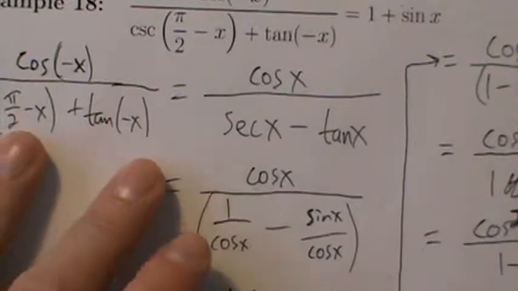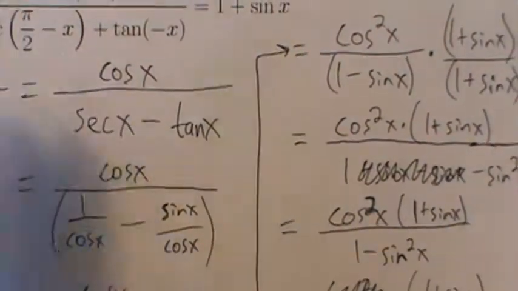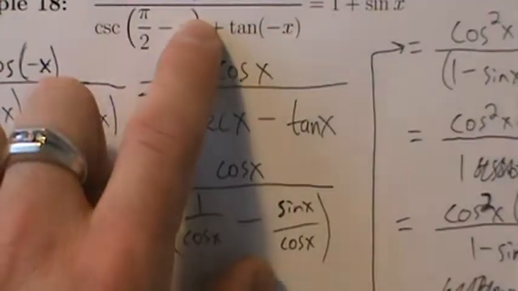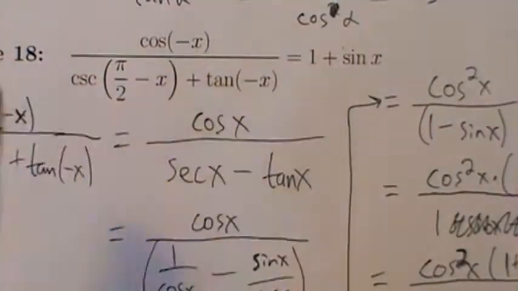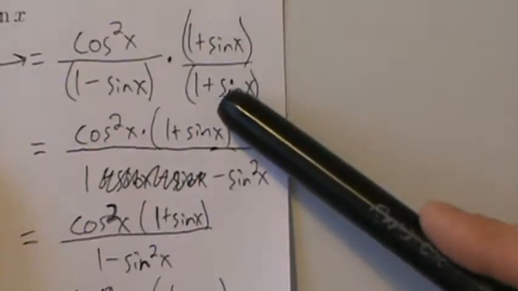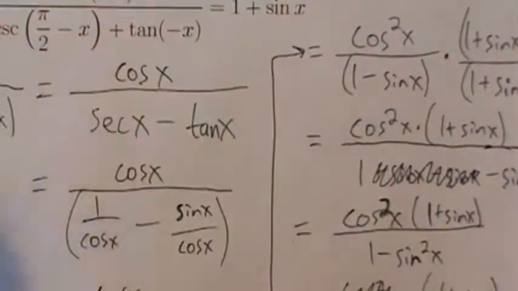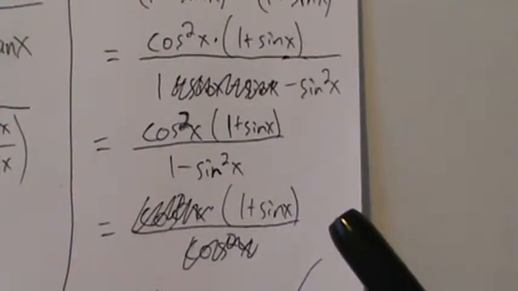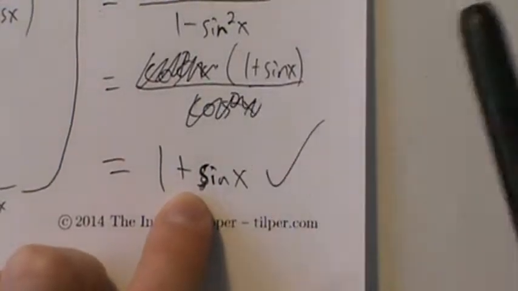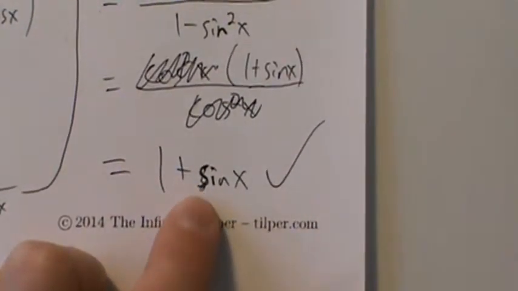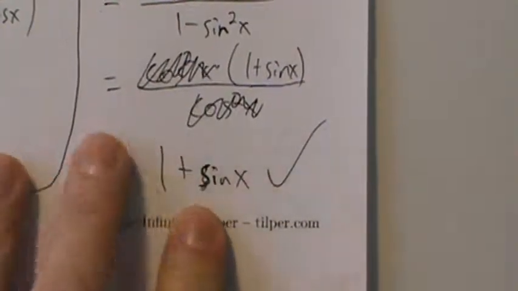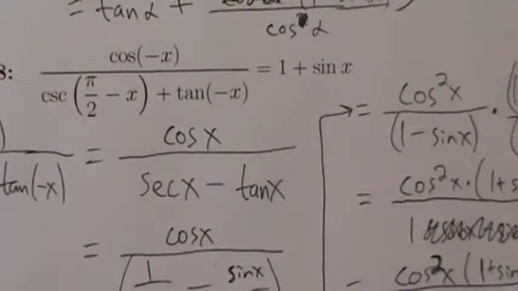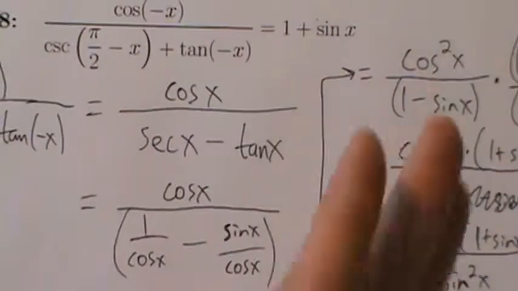But as long as you perform legal manipulations, start on one side and only manipulate that side, and make sure you do legal manipulations like multiplying the top and the bottom by the same thing, and everything works out and you get your desired result, there's really no one right way to do it, generally speaking. If you do it like that and you get the correct result, that's one of the correct ways. Like we've seen with a few of the other examples now, there may be multiple ways to approach it.